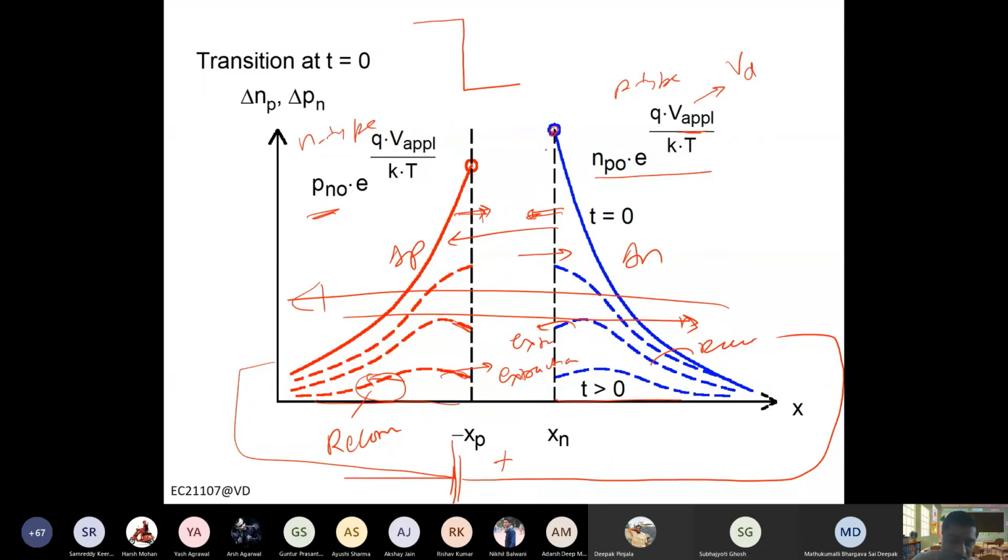The time taken for the concentration to reach their equilibrium minority carrier concentration, that is storage time. So it is not always exponential here. The slope actually changes because these carriers are now extracted instead of injected. So their slope has changed. Is it okay?